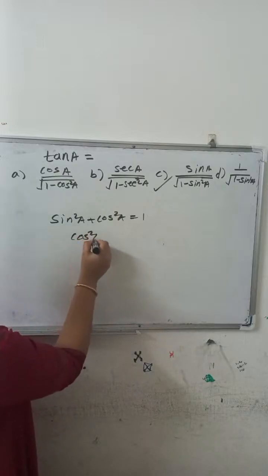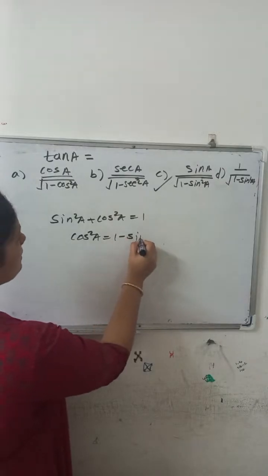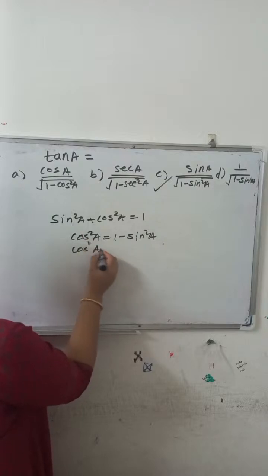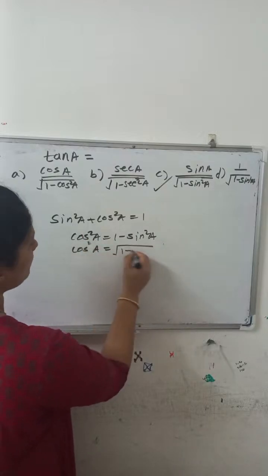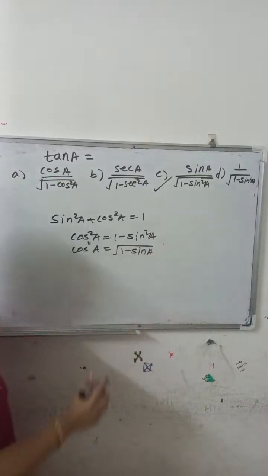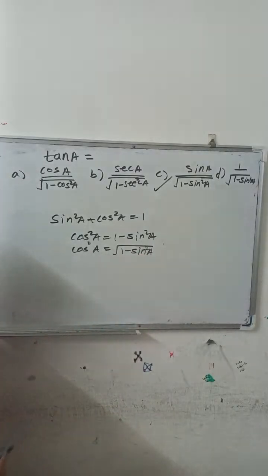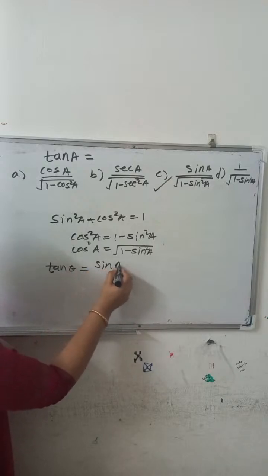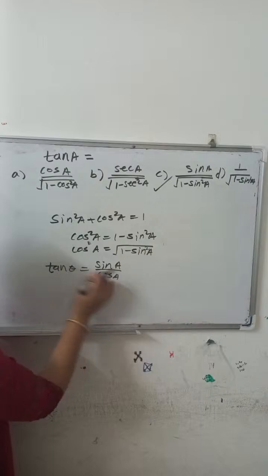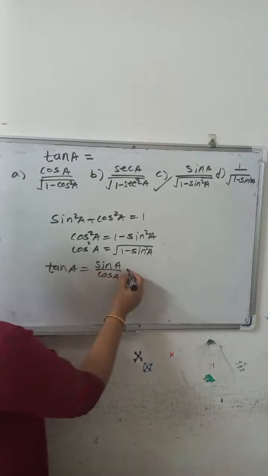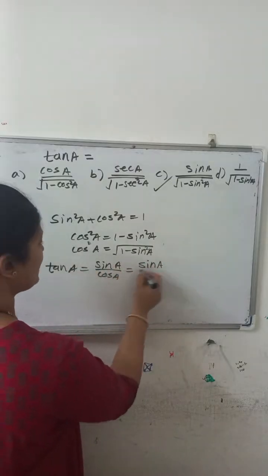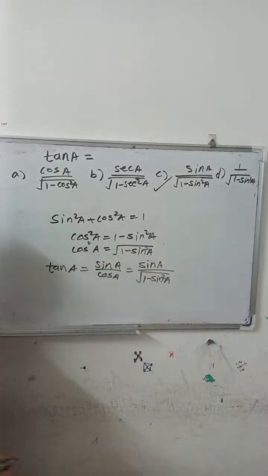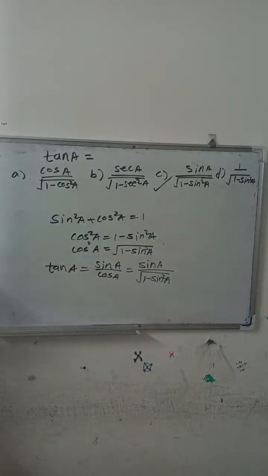So cos square A is equal to 1 minus sin square A, and if you take the square root on both sides, cos A is equal to square root of 1 minus sin square A. And tan A is nothing but sin A by cos A. If you take this angle value as A, then you can keep sin A as it is, and cos A is the square root of 1 minus sin square A. That's it. So option C is the correct option.